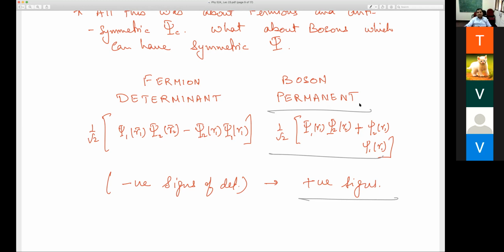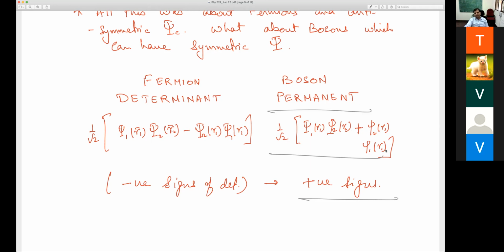Okay. And the simplest example I can give you is this 2 cross 2 system, which is for a 2-particle system. So I had this determinant wave function, which was psi1 r1 psi2 r2 minus psi2 r1 psi1 r2. And the same thing if I calculate for a boson, then it should be symmetric: psi1 r1 psi2 r2 plus psi2 r1 psi1 r2.